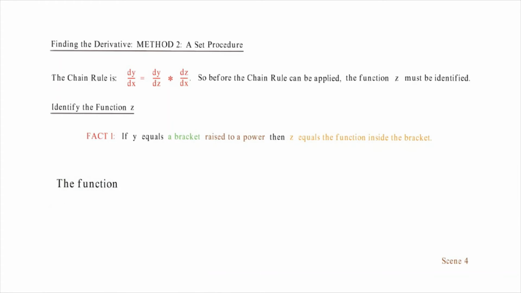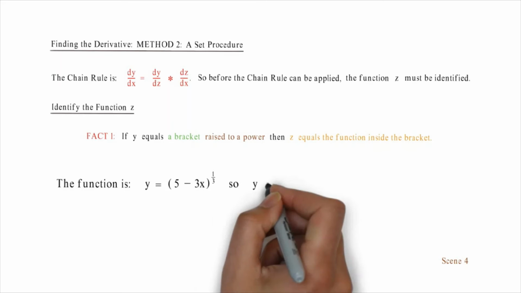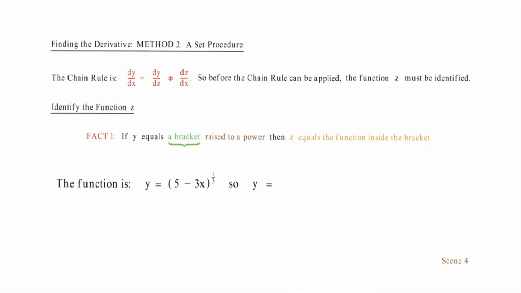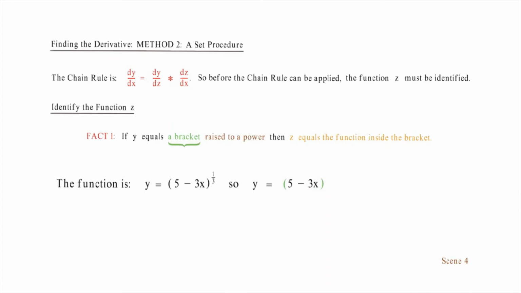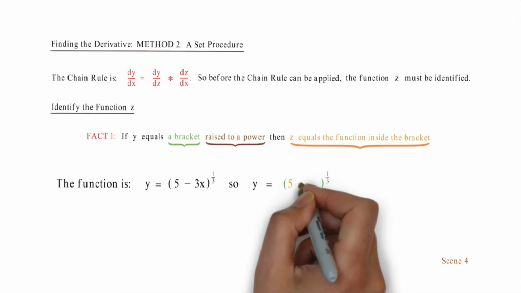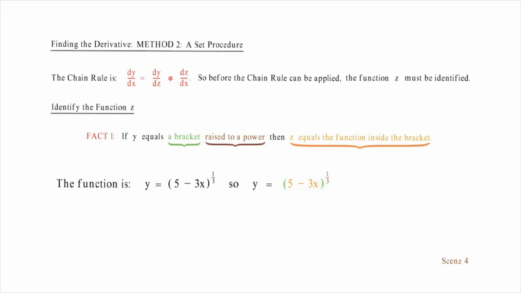The function is: so y equals a bracket with 5 minus 3x inside raised to a power which is 1/3, then z equals the function inside the bracket, which is 5 minus 3x.